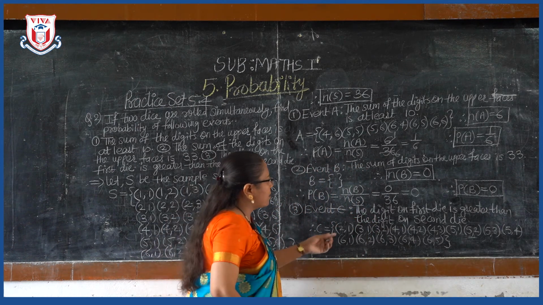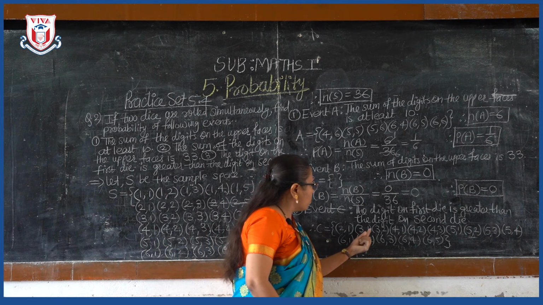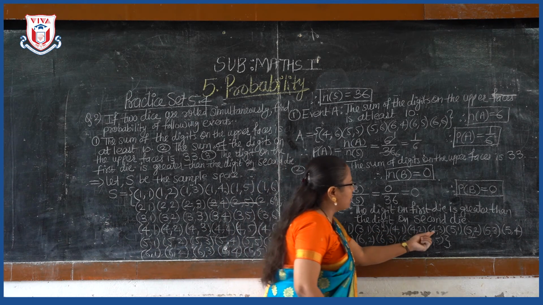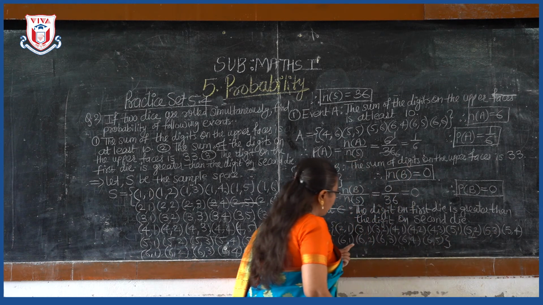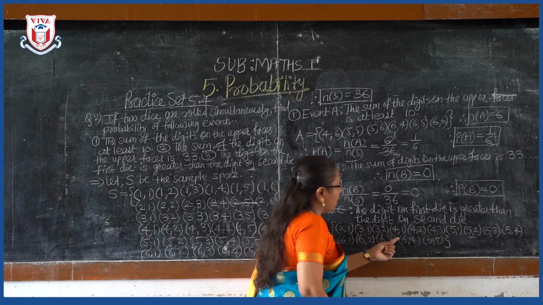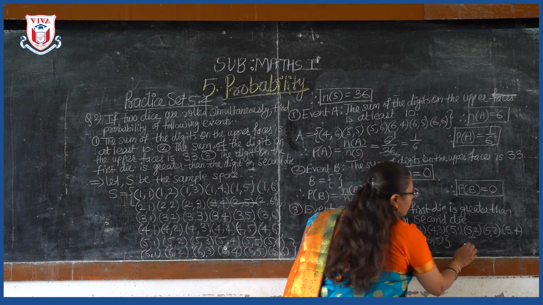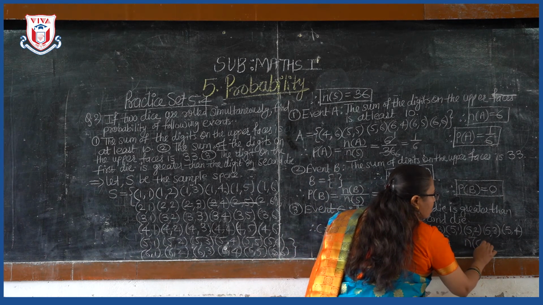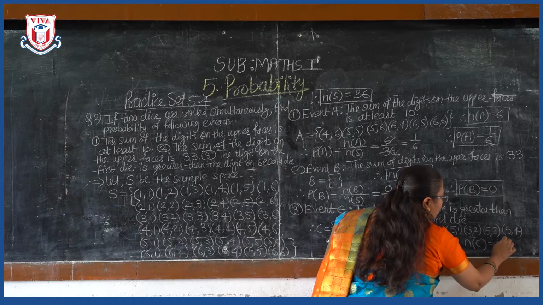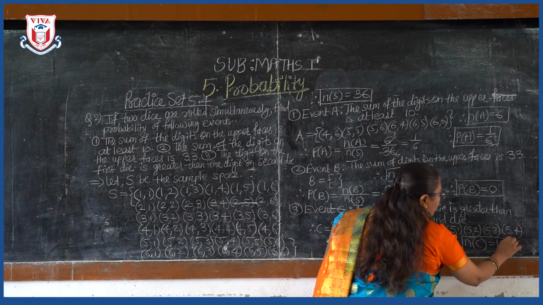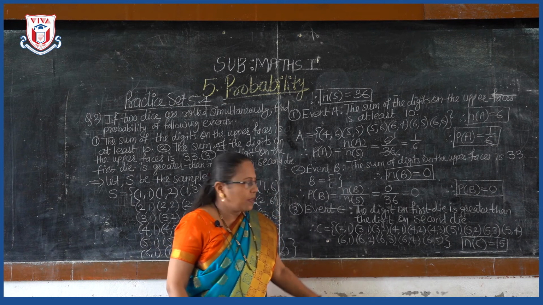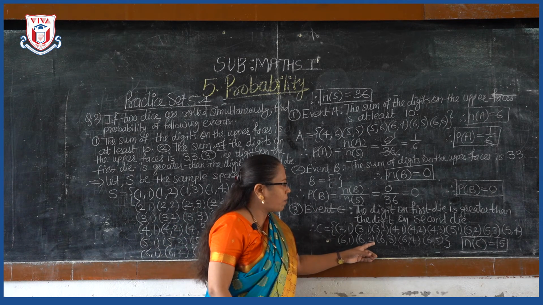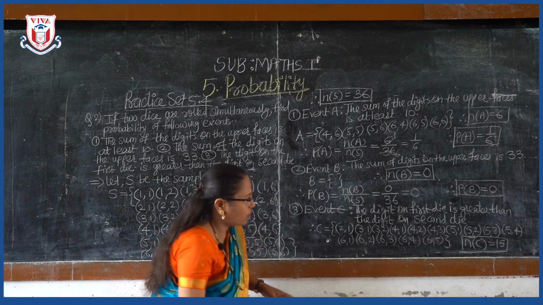So how many results we got? 1, 2, 3, 4, 5, 6, 7, 8, 9, 10, 11, 12, 13, 14, 15. N of C is equal to 15. Now we have to find out its probability.